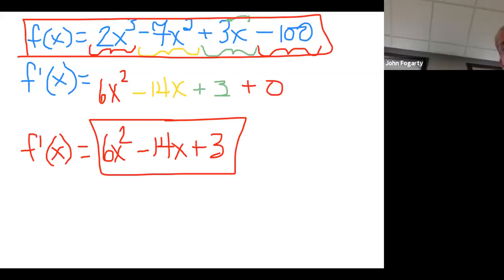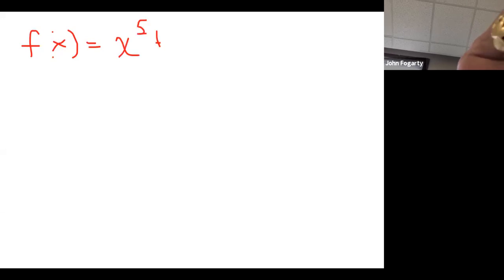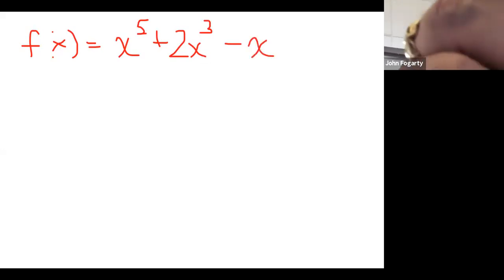All righty. I'll give you one you can work on your own. Ready? f of x equals x to the 5th plus 2x to the 3rd minus x squared. That's what f of x is.